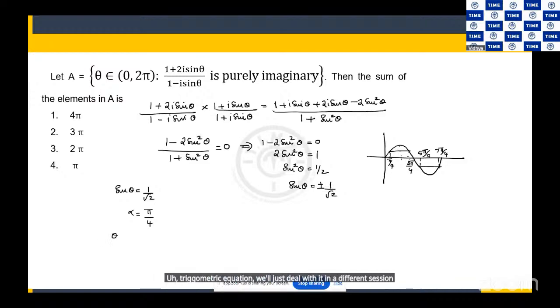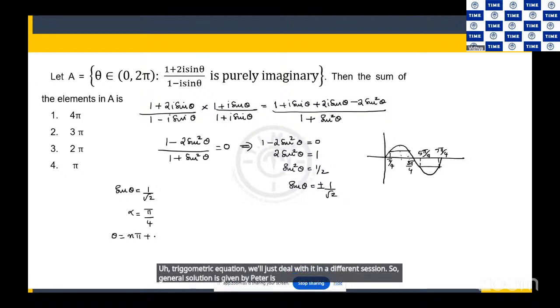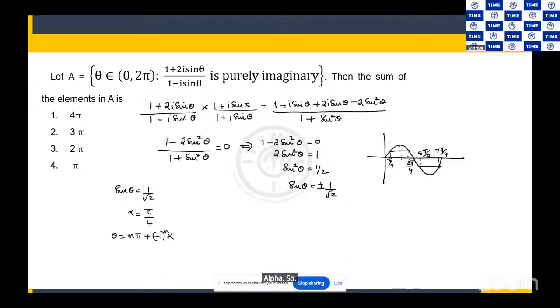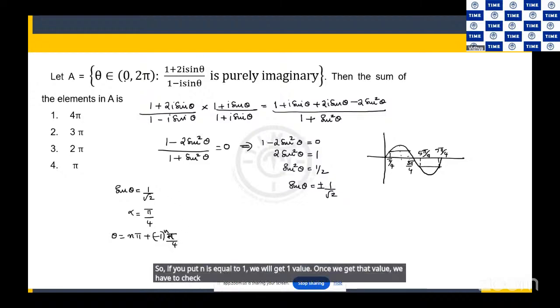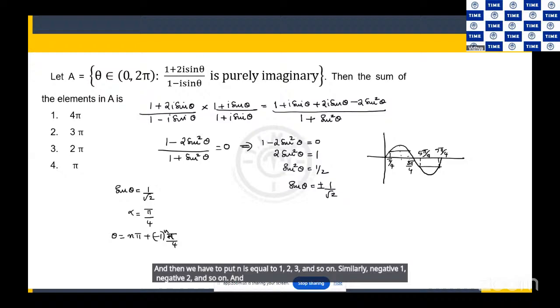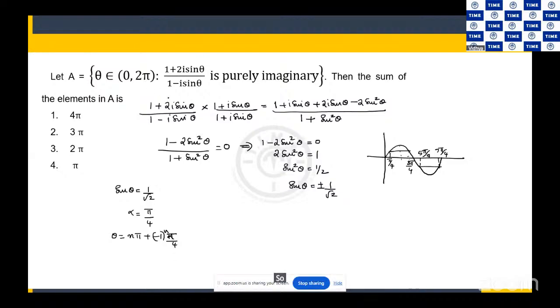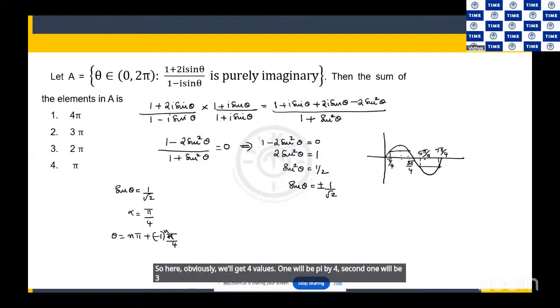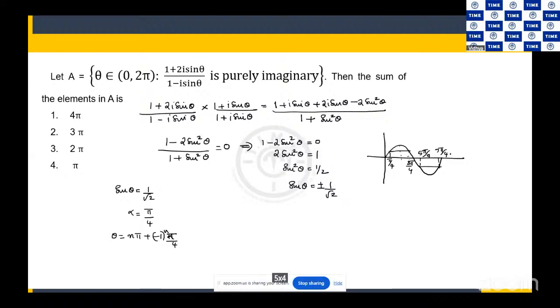The general solution is θ = nπ + (−1)ⁿ α, so nπ + (−1)ⁿ π/4. We put n = 0, 1, 2, 3 and so on, and similarly negative values, and check which values lie in the interval 0 to 2π. Here we get four values: π/4, 3π/4, 5π/4 and 7π/4.